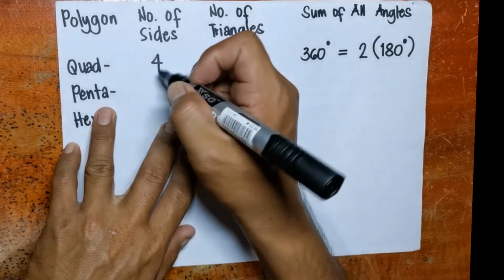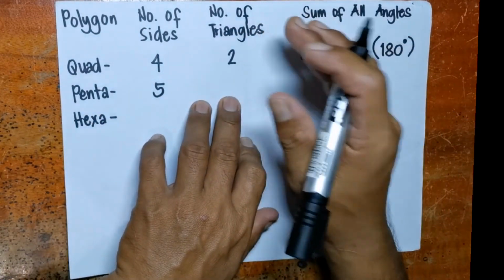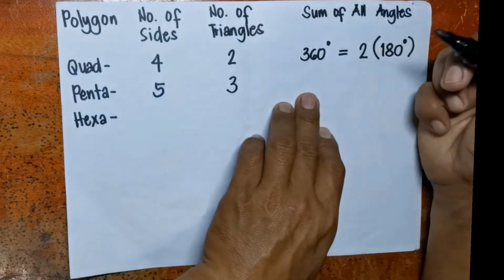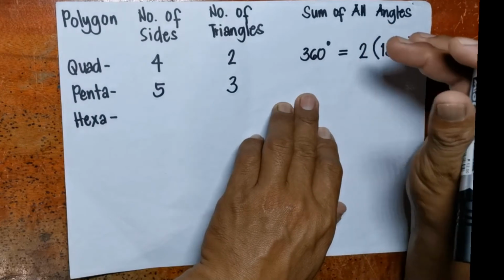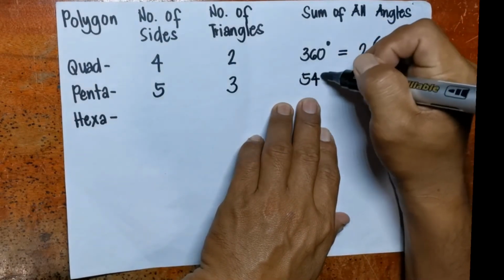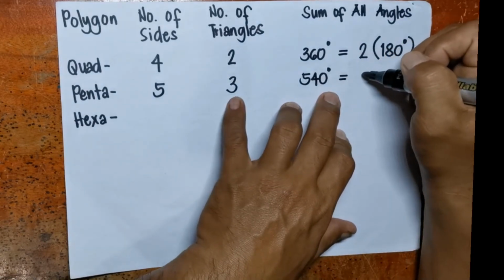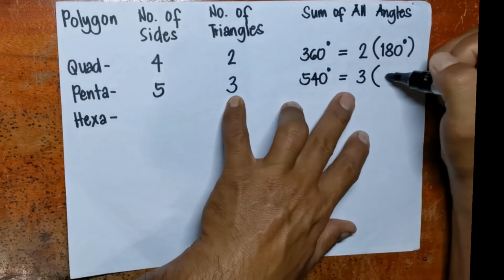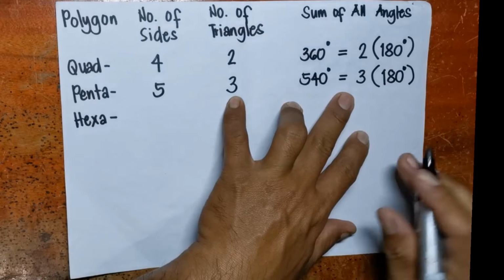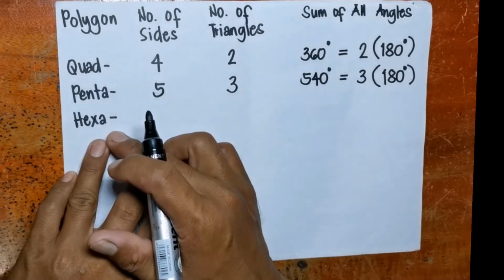Next, for pentagon, so the number of sides of a pentagon is 5. The number of triangles that we've formed is 3. And the total of the measures of all its interior angles is 540 degrees. 540 can be expressed as 3 times 180 degrees, since tatlong triangles. And last, we have hexagon.